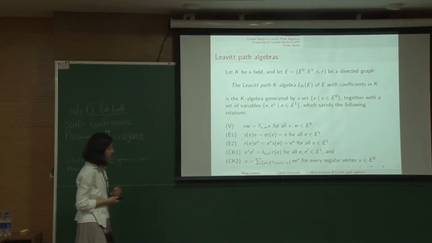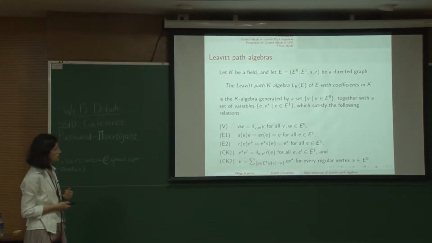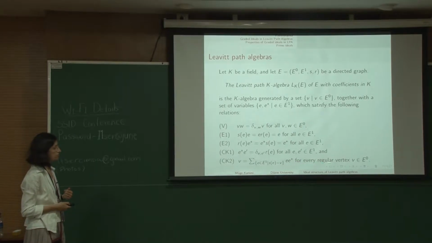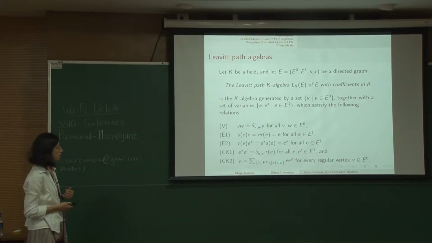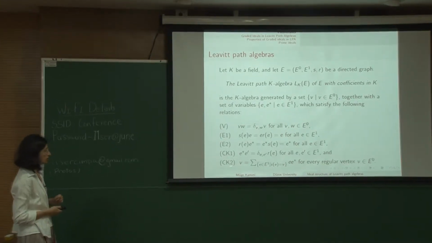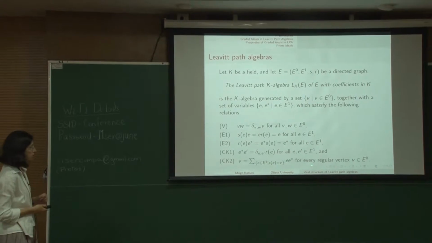For any regular vertex v, the CK2 condition is that v equals the sum of e f* over all edges e emitted by v. So this sum is meaningful: v emits at least one edge, but only finitely many. However many edges this produces, you sum them and equate it to v. That's the second relation, CK2.